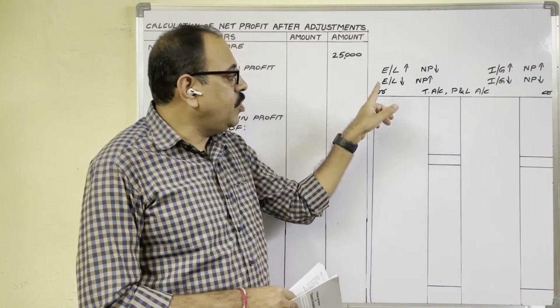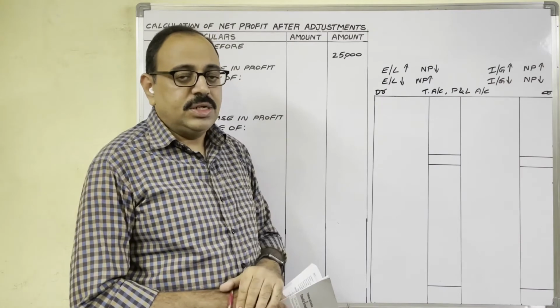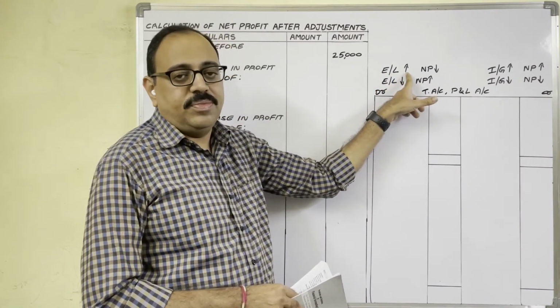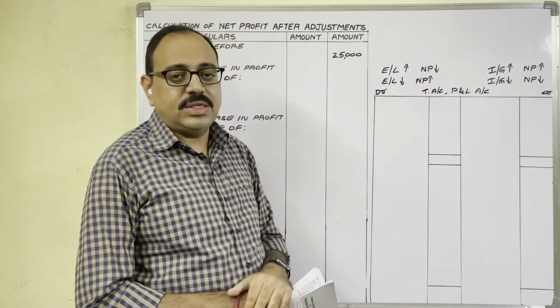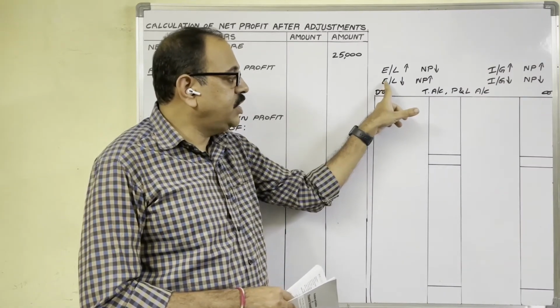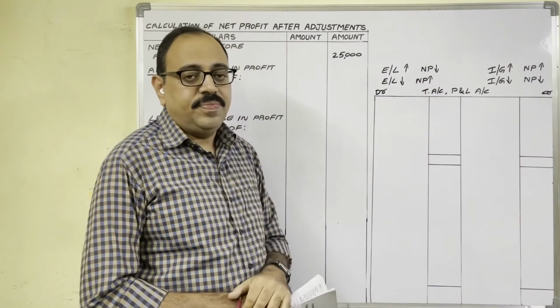Suppose on the debit side, because of an adjustment, our expenditure or loss amount is increasing, then what is the effect on net profit? Net profit decreases. Because of an adjustment, if expenditure or loss decreases, then net profit increases.